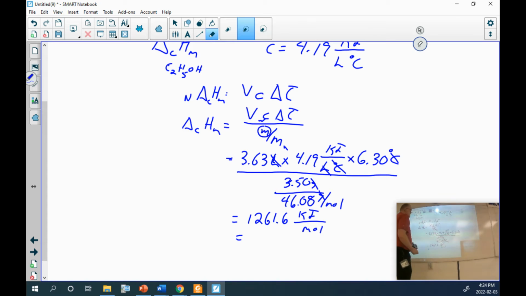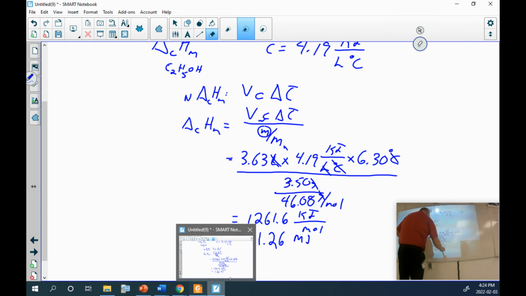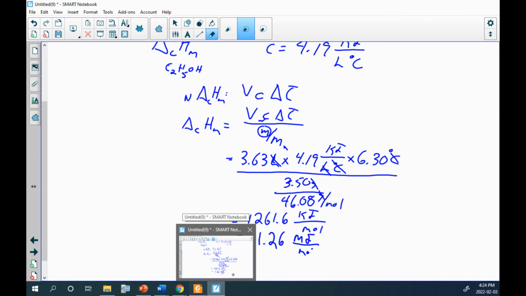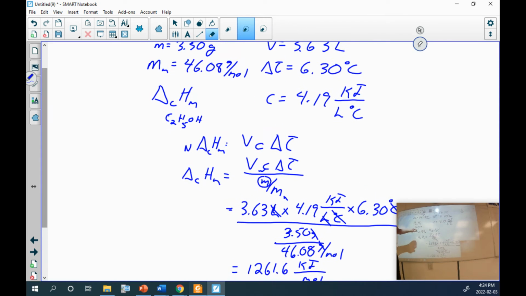And we have a significant digit issue. I'm going to write this as 1.26 megajoules per mole because of my three significant digits as controlled by my temperature and this one and that one.